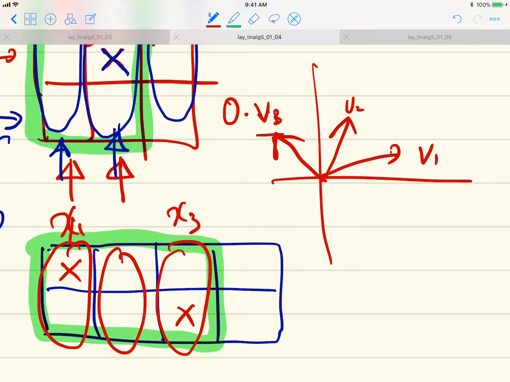It will already cover the entire two-dimensional space, right? And thus, by using only these two vectors, we can already cover the entire two-dimensional space. So in that case, we can guarantee the solution will always exist. Okay.